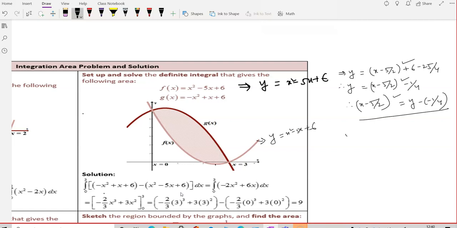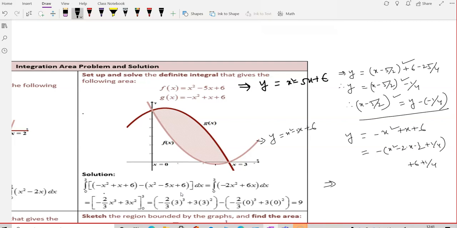And in the same manner, if we plot y equal to minus x square plus x plus 6, this is minus of x square, whatever. This also is going to be a parabola. I need not explain. You all remember it, I think. So this would be plus 6 plus 1 by 4.